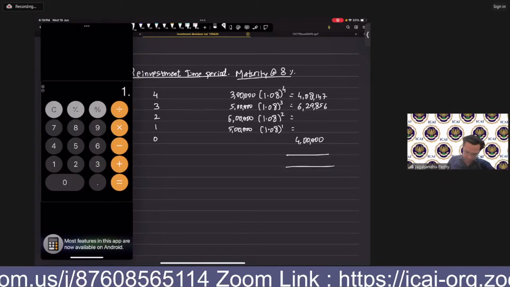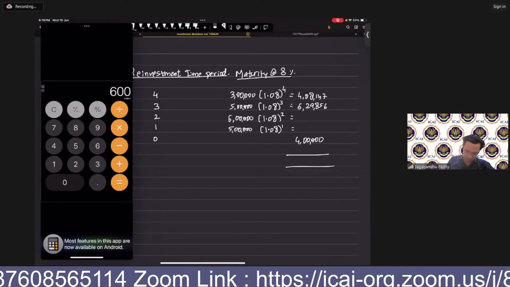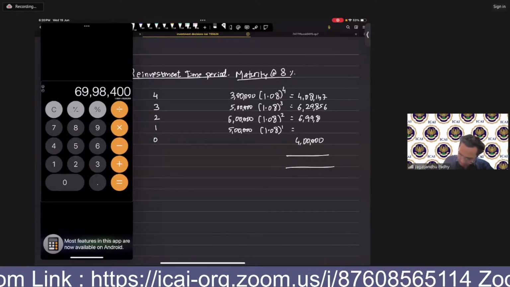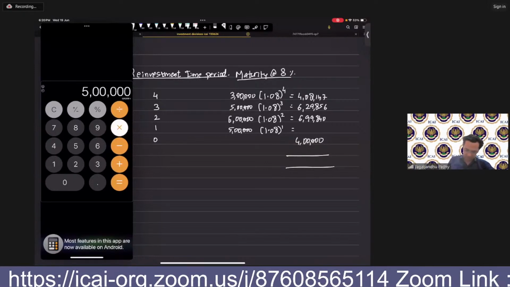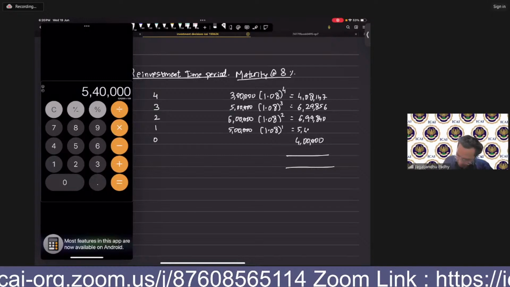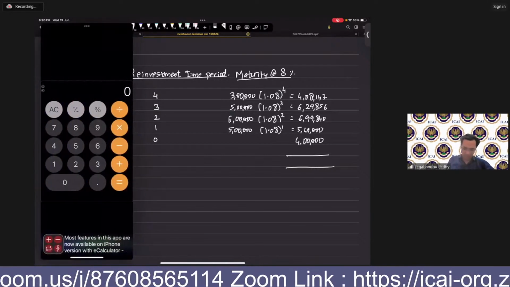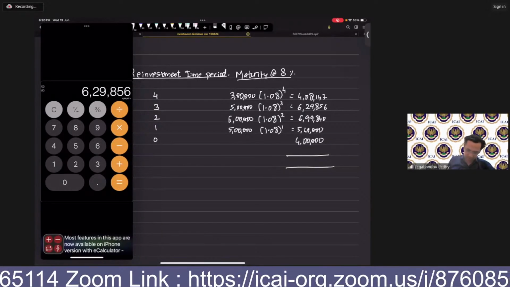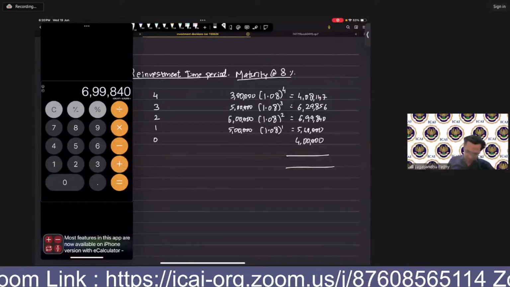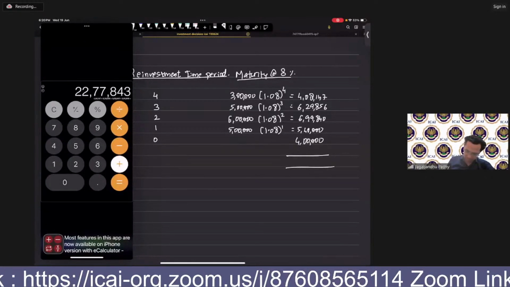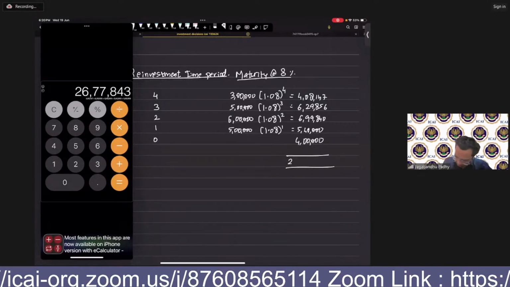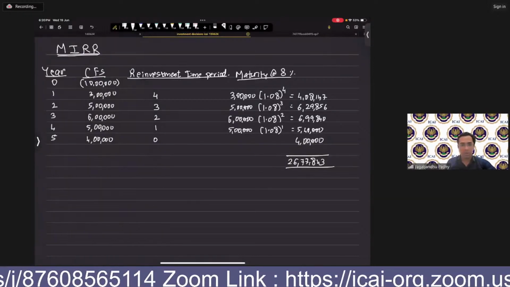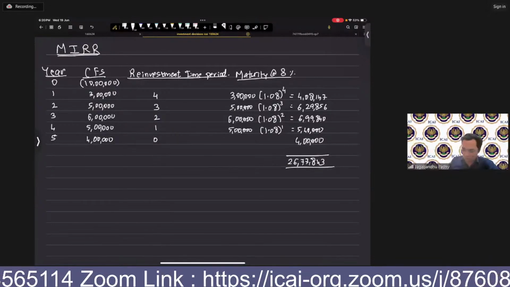Then 1.08 square into 6 lakh, that will be 6 lakh 99,840, and the final figure, investment of 5 lakh into 1.08, becomes 5 lakh 40,000. So if you just take the total of all of them, the final maturity value we can obtain is 4,29,856 plus 6,99,840 plus 5 lakh 40,000 plus 4 lakh, which is 26 lakh 77,843. Okay, so this is the final maturity value of all your intermediate cash flows.